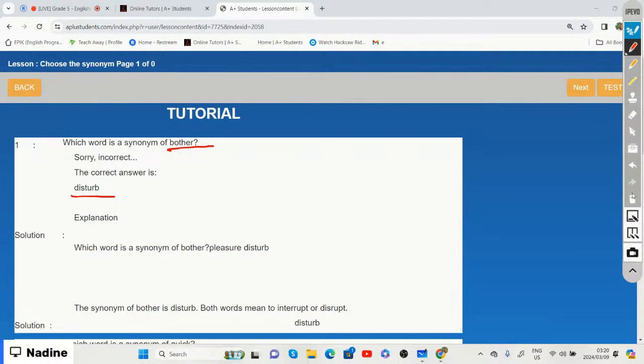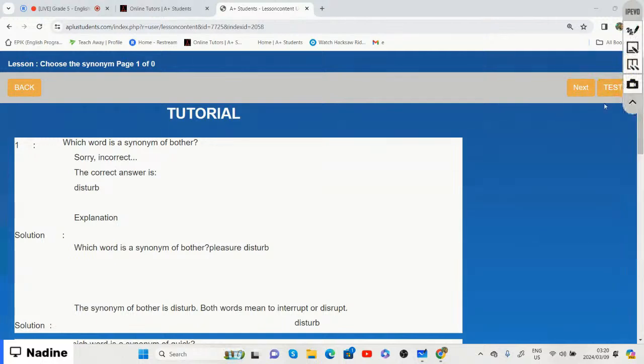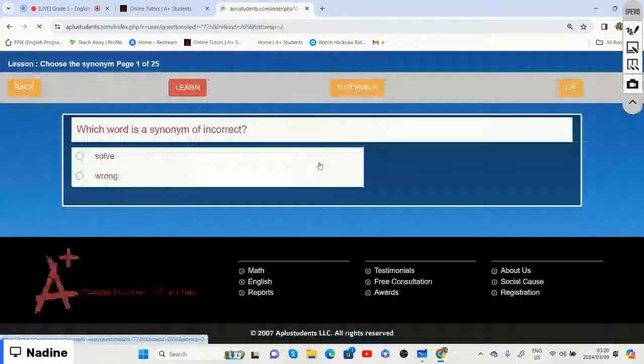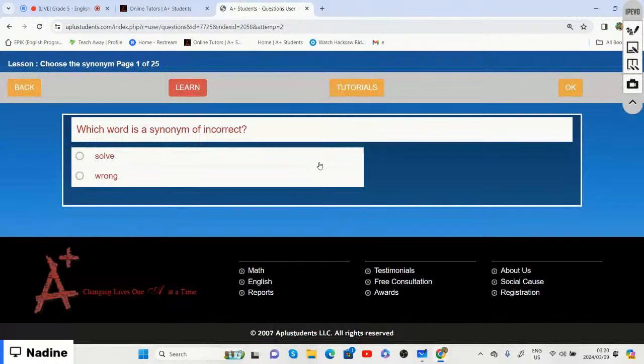All right. Now let's go to our test on choosing the synonym. And choosing the synonym is like choosing the word that is similar or the same in meaning to one another. So, which word is a synonym of incorrect?